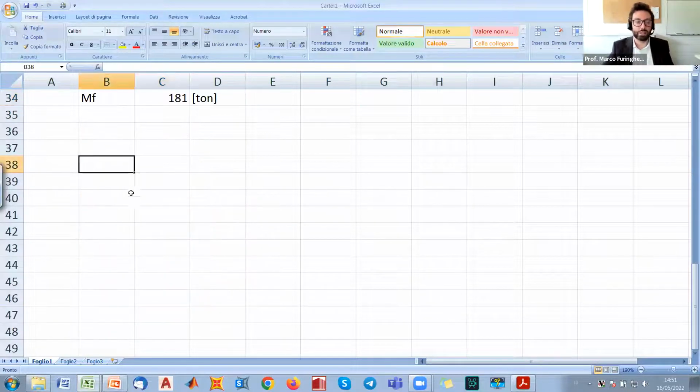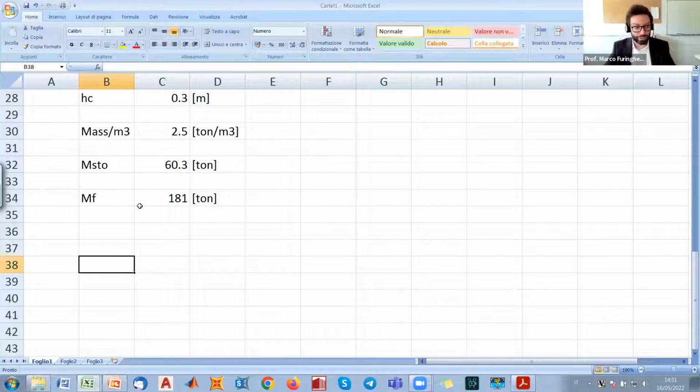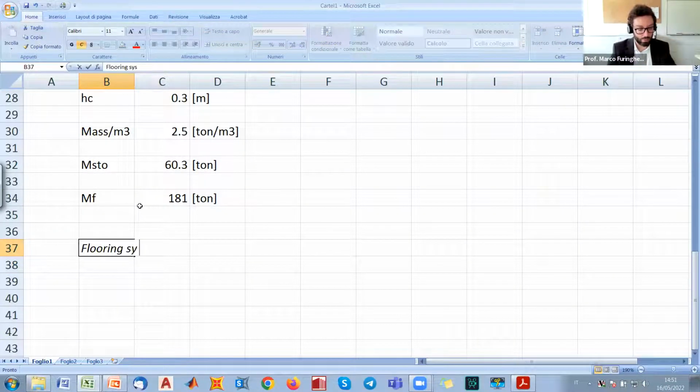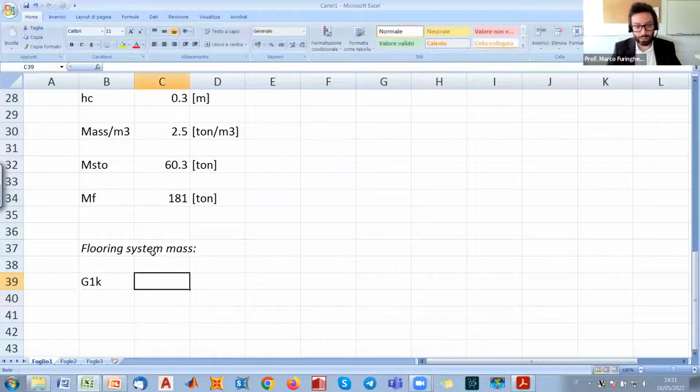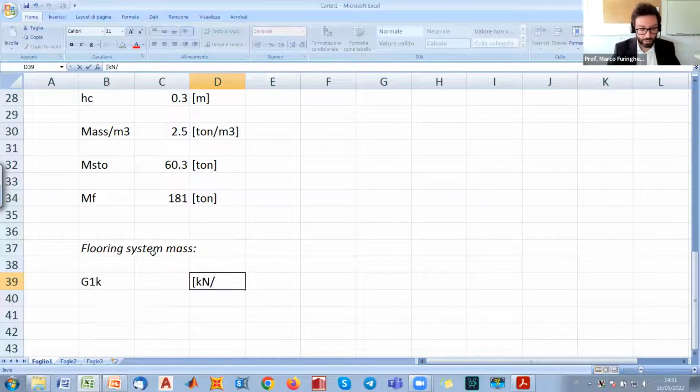the mass related to the flooring system. Okay, so according to the flooring system, we have some information. Let's again write here the numerical values of the external loads. So G1K, the permanent structural loads for the flooring system, in kilonewton per square meter.